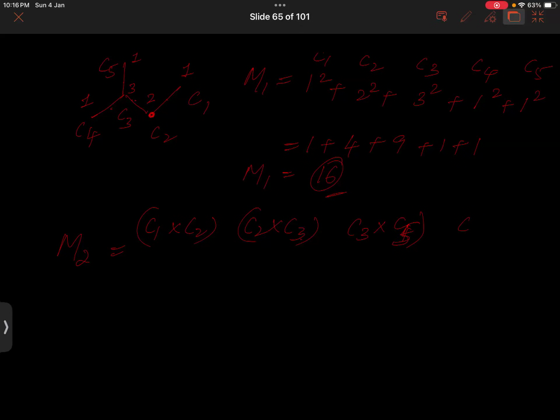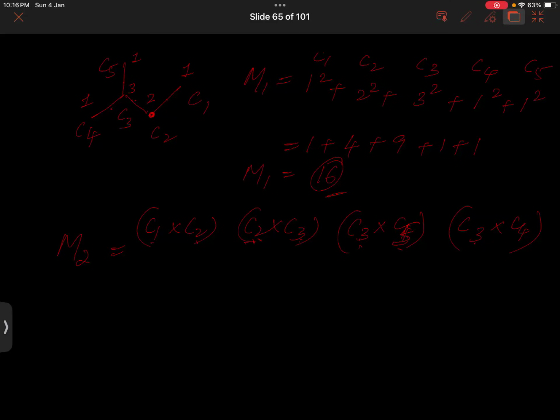Then C3 into C4. C1 and C2 are adjacent. Then C2 and C3 are adjacent edge vertices. C3 and C5 are adjacent edge vertices. C3 and C4 are adjacent. So C3 is adjacent to C2, C5, and C4.